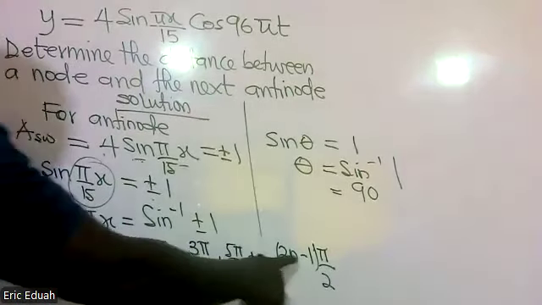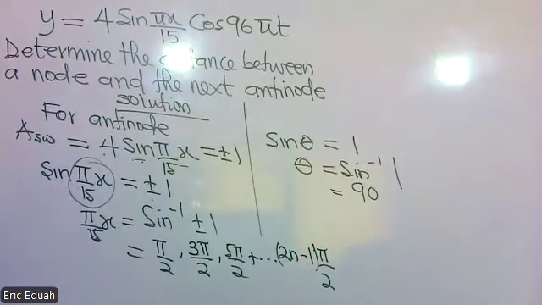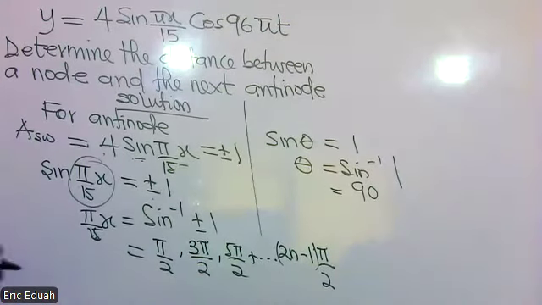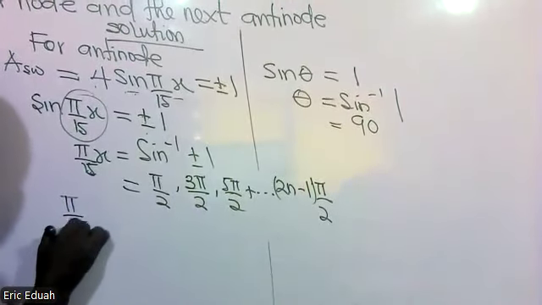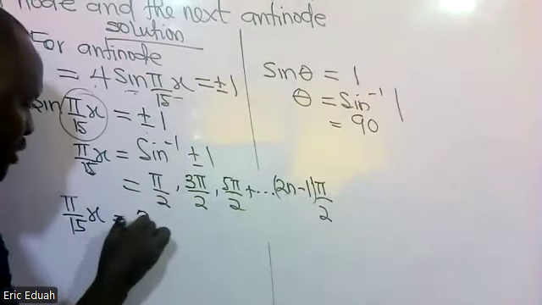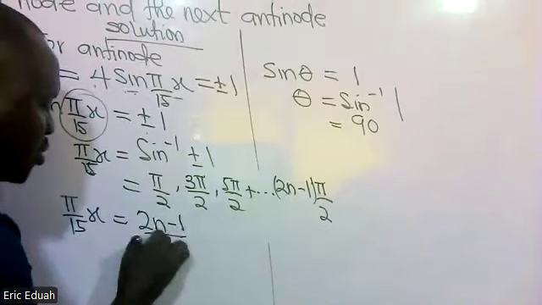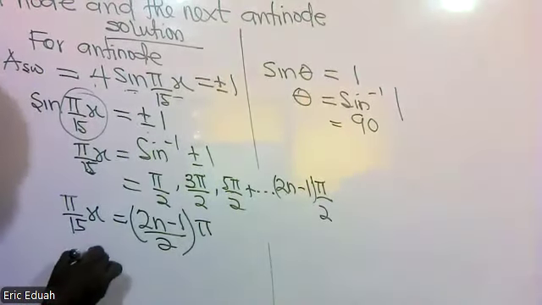So we've had the different angles. So pi on 15 x is equal to the nth formula, which is 2n minus 1 all on 2, times pi.